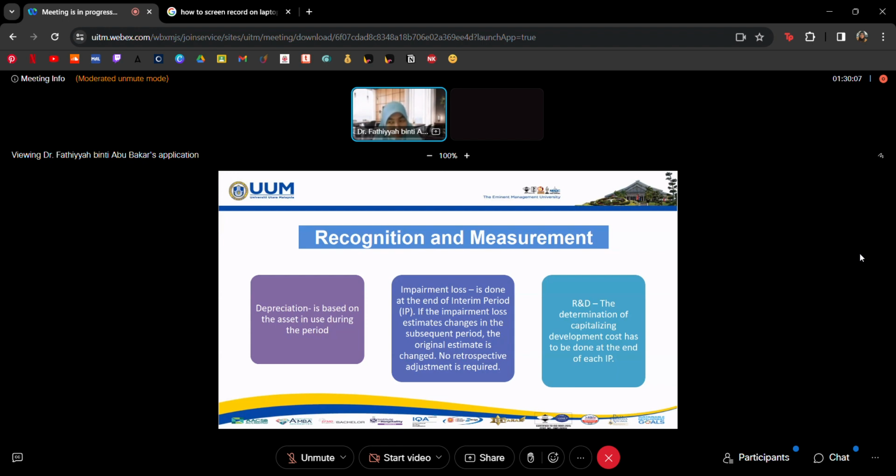So remember the retrospective and the prospective. Hopefully you still remember how to do that. When you want to recognize the impairment loss, you recognize as usual, but you have to make the test at the end of the interim period, like you do for the annual financial statement.